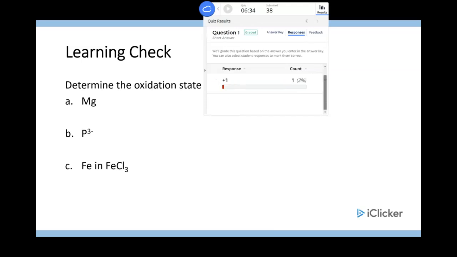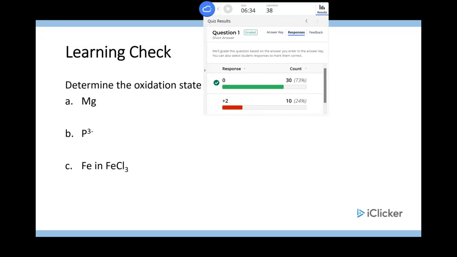All right, question 1. Okay, so quite a few put 0 for the oxidation state of magnesium, and then +2 was the second most common. So magnesium is in the second column of the periodic table. So if magnesium is in an ionic compound, we can assume it has a charge of +2.